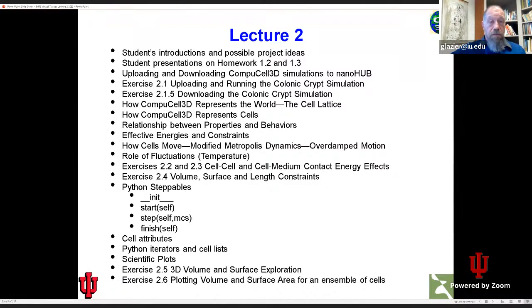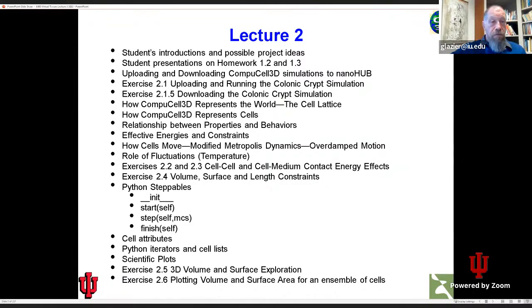Then we'll talk a little bit about how to upload and download simulations to nanoHUB and run them. Then we will start talking about how CompuCell works and try to do some basic simulations having to do with how cells are defined and how you do very simple things like change the size of a cell, the shape of a cell, whether the cells stick to each other or not, and so on.